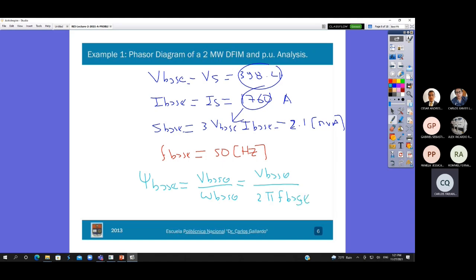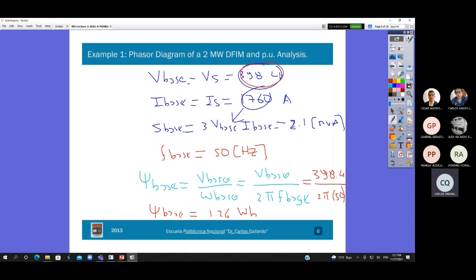So we have 398.4 volts over 2 times pi times the frequency, 50. Therefore the base flux is equal to 1.26 Webers.